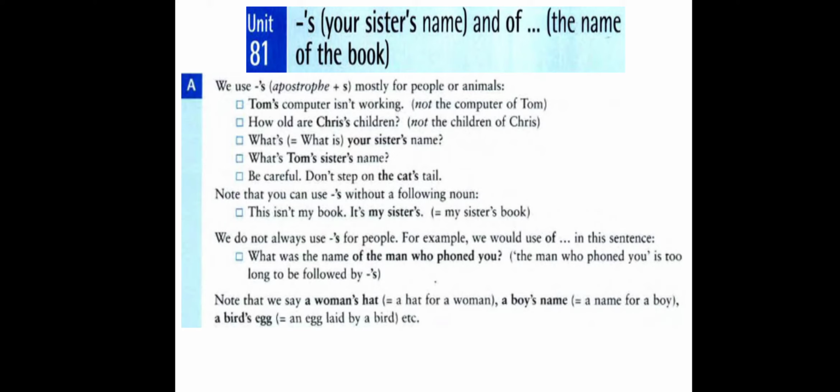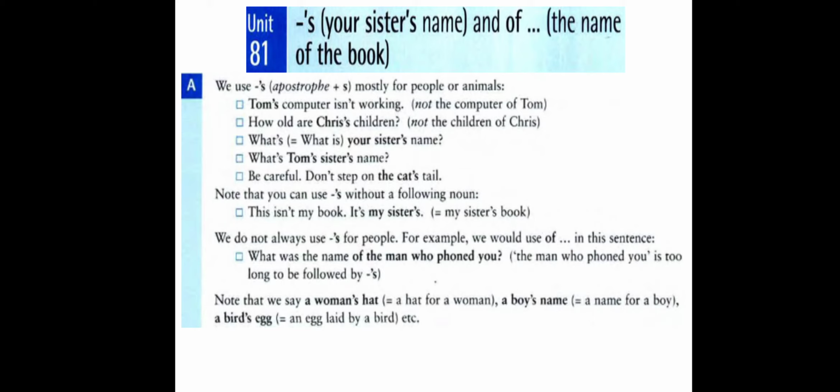The apostrophe in it's means it is my sister's. Here the possessive S is used with sister, so it means my sister's book. But because it is mentioned in the previous sentence, we don't need to mention the book again. So it is understood here. Sister's means sister's book.